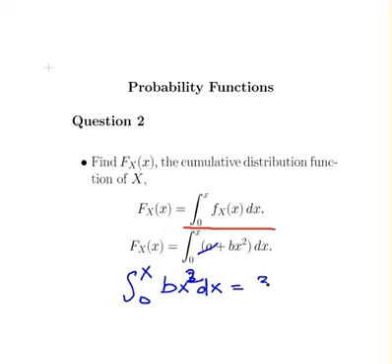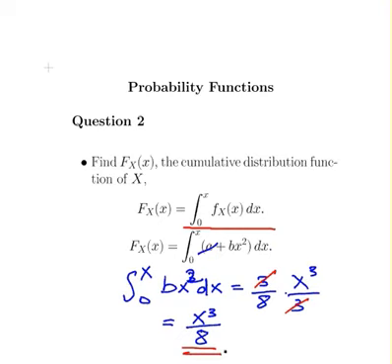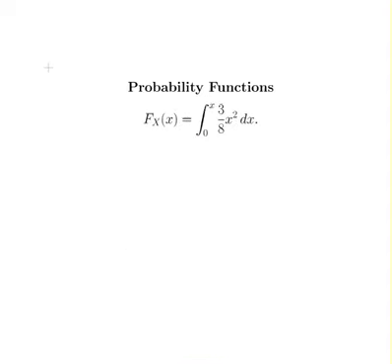So what we have here is 3/8 times x cubed over 3. The 3's cancel out, so the answer we're left with is x cubed over 8. So that's the cumulative distribution function.